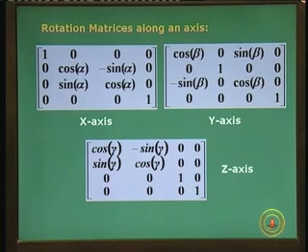Rotating about the y axis, y coordinates will not change, x and z coordinate values will change, and lastly, rotation about the z axis will cause a change in the values of x and y coordinates, but not the z coordinate. So, this is the concept of rotation around any one of the orthogonal coordinate axes.